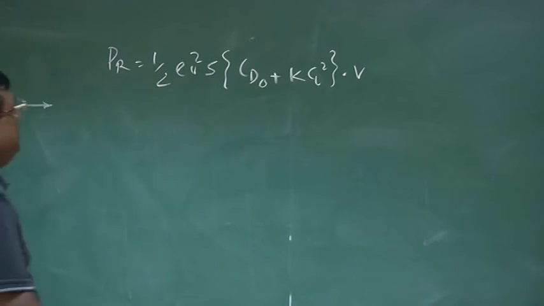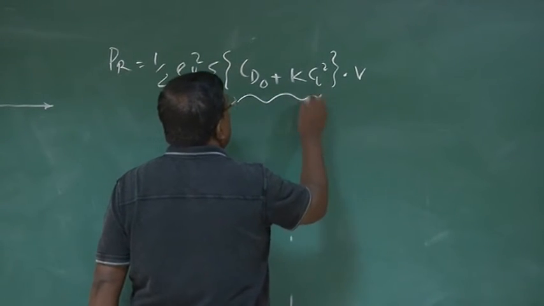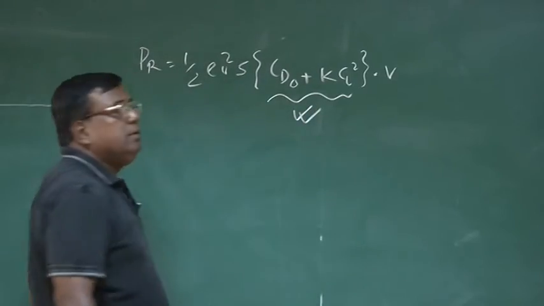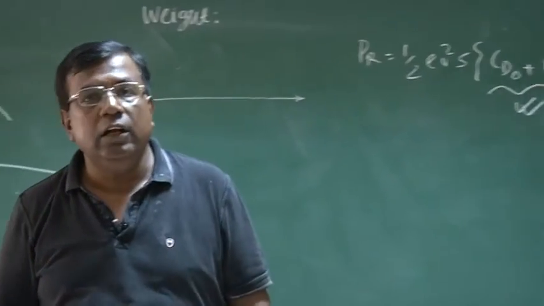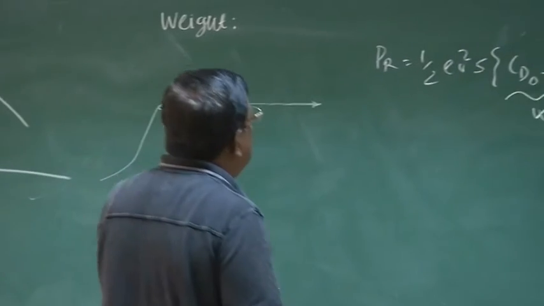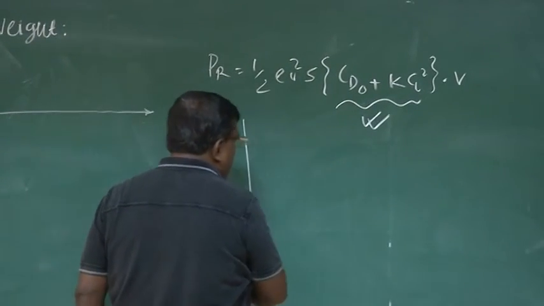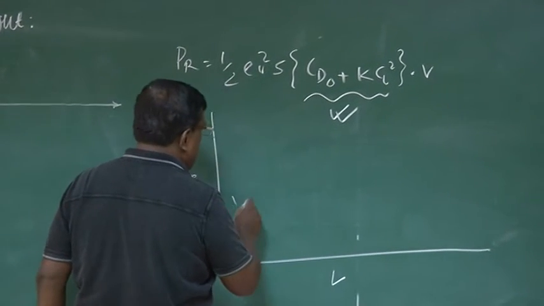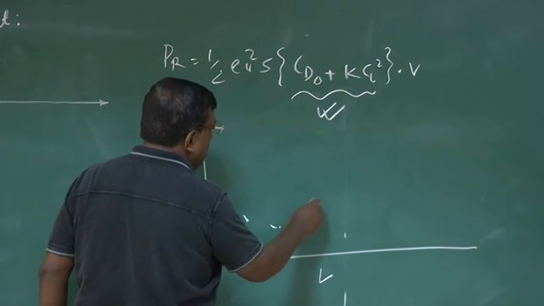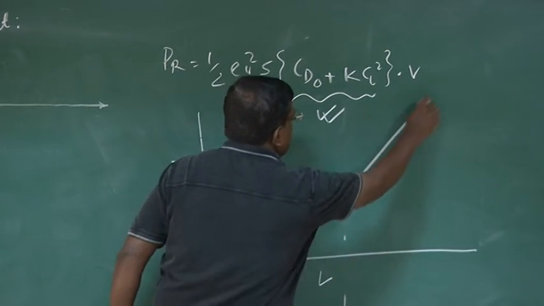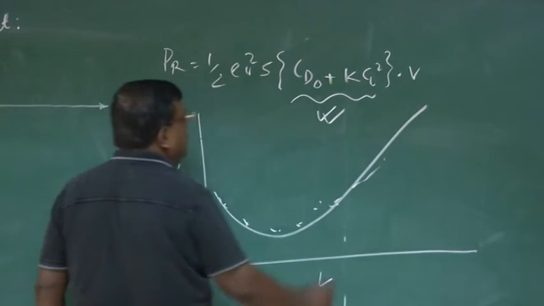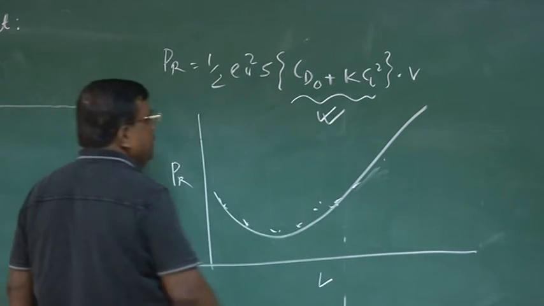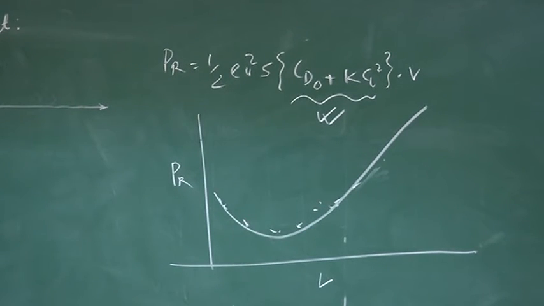Already from the first experiment, you know the drag polar for this airplane. You have already estimated CD naught and k. So what do you do? Using this expression, you plot power required versus speed. For different speeds, whatever you are flying, you can extend it also, and plot power required versus V. Now you know what was the thrust available from the engine recording.